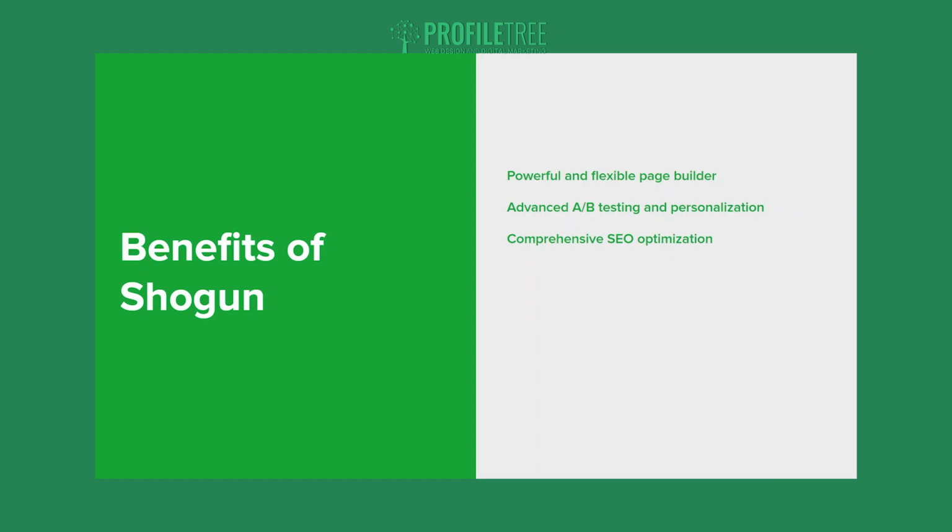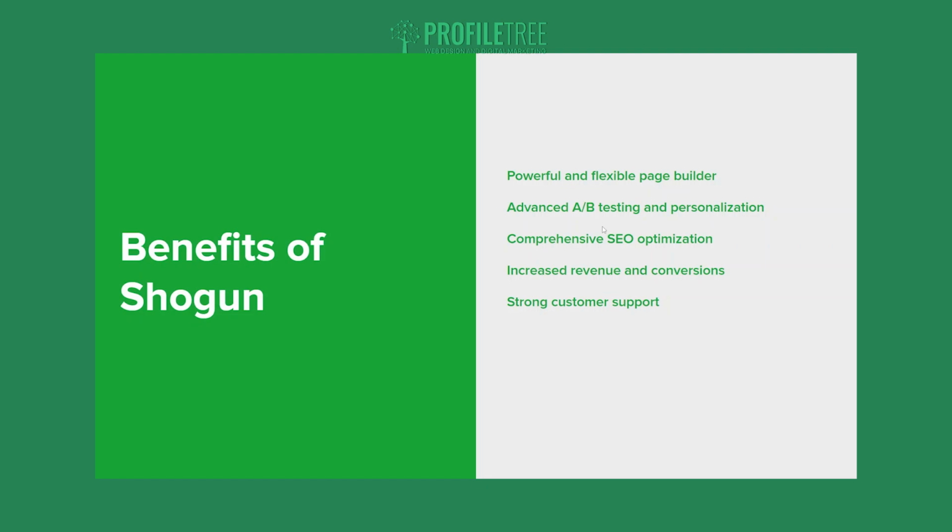Now, again, depending on what plan you have, you might not be able to do this. You might need one of the more advanced plans, but it is offered as one of their features, so it is really good. By optimizing your pages and delivering personalized experiences, Shogun can help you increase conversions and improve your bottom line. They have strong customer support as well.